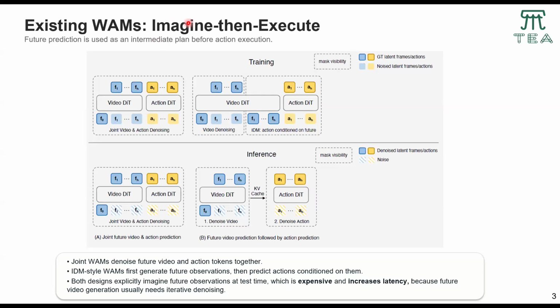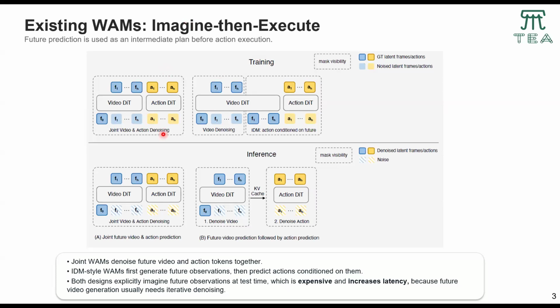If a robot wants to execute an action, the model will first imagine what the future looks like, take this future observation into consideration, and generate more reliable, more reasonable actions, just like humans.